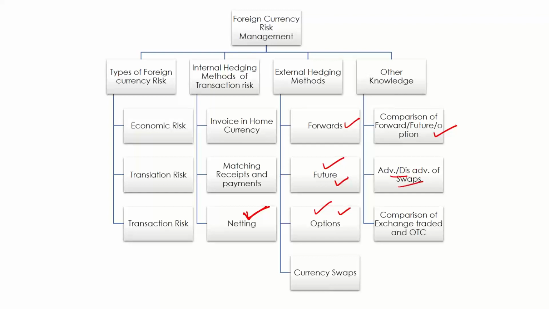So if you are revising currency risk management, you should cover these three theoretical topics: the comparison between forward, future, and option, the advantage and disadvantage of currency swaps, and the comparison of exchange traded and over the counter derivatives.